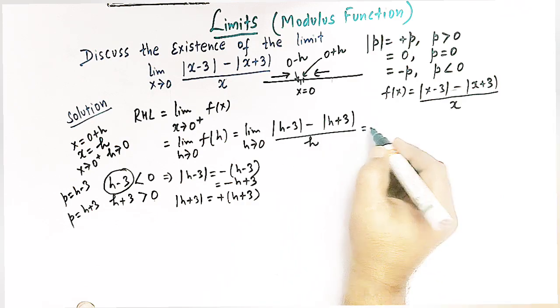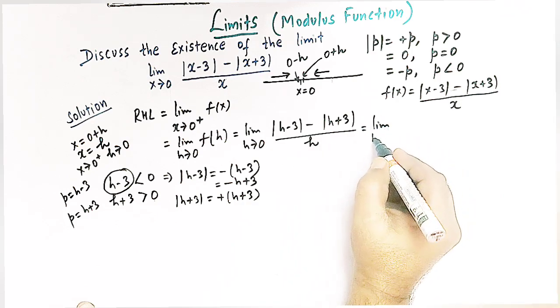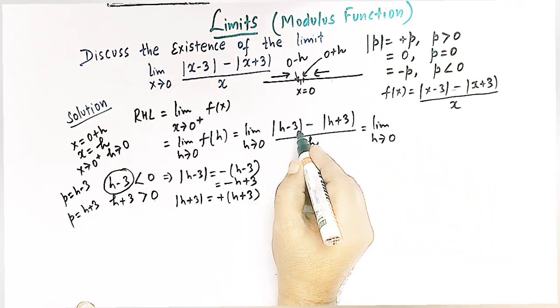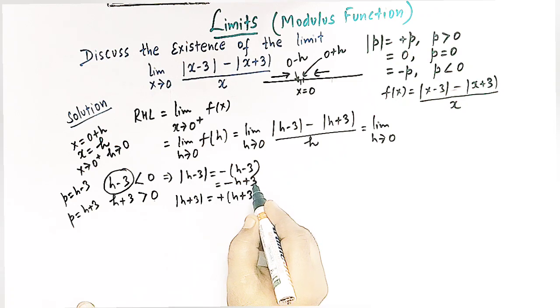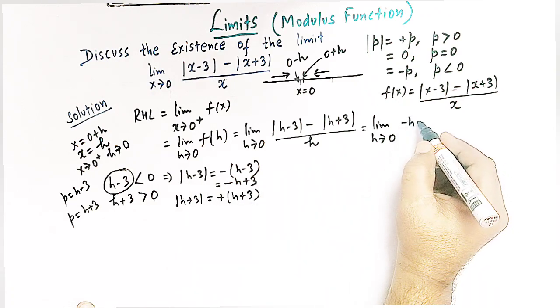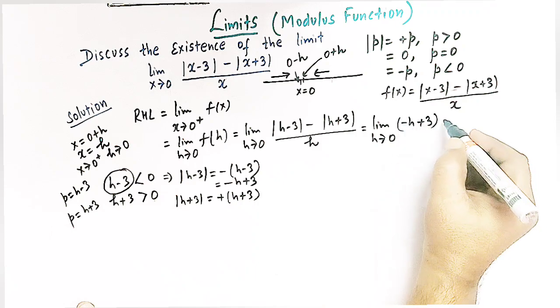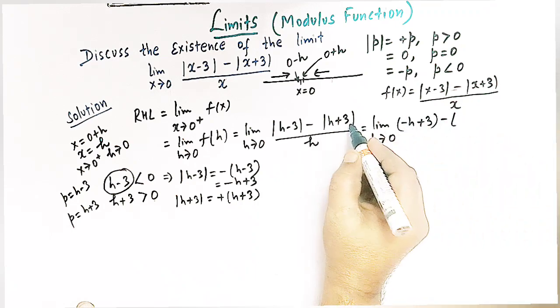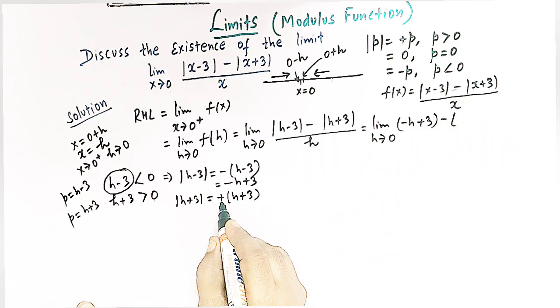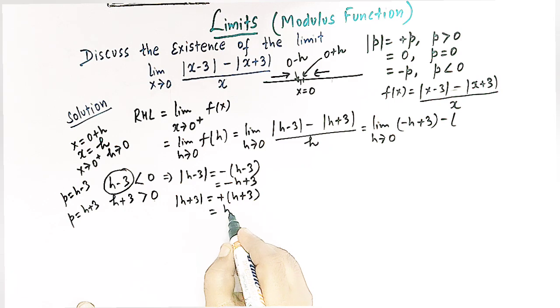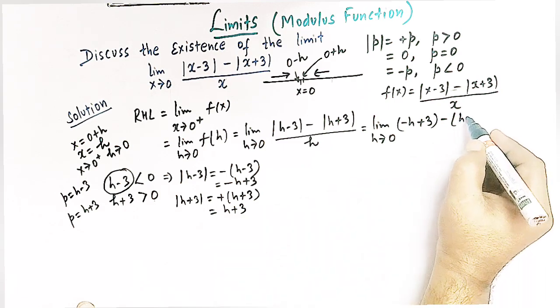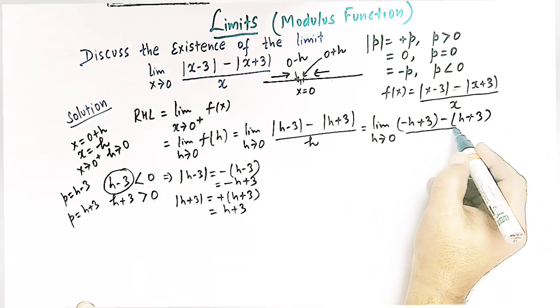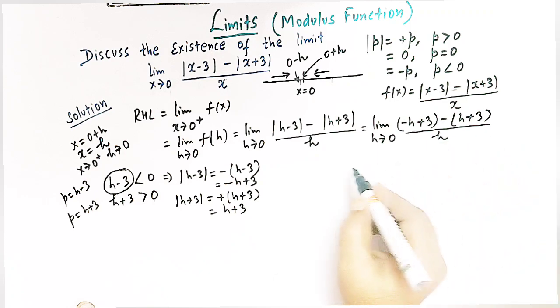So now this limit takes the form limit h tends to 0, mod of h minus 3 is minus h plus 3, so here we have minus h plus 3, and mod of h plus 3 is equal to positive h plus 3, which is simply h plus 3, and in the denominator we have h.